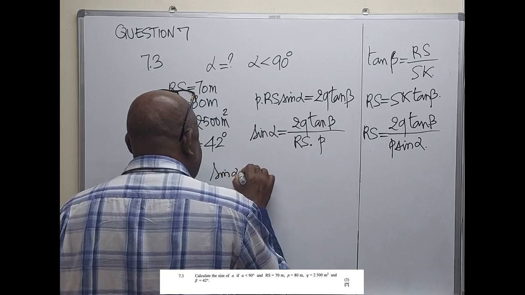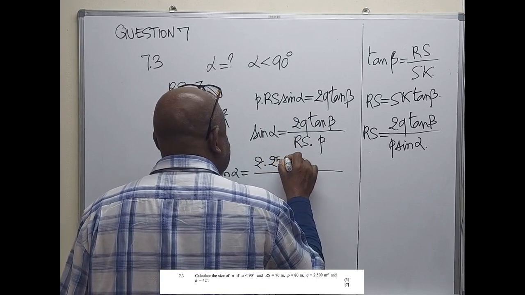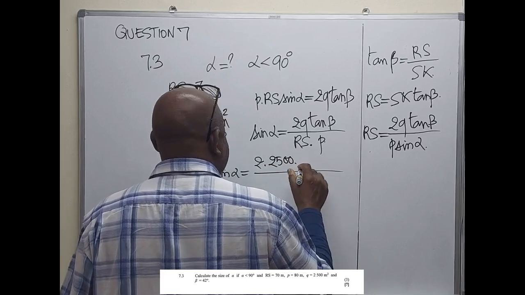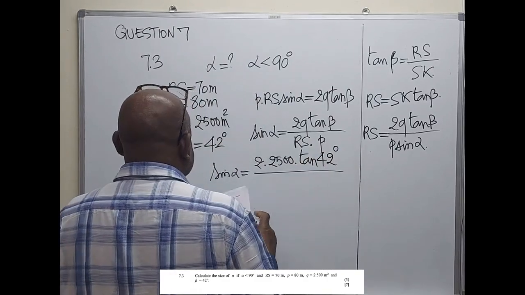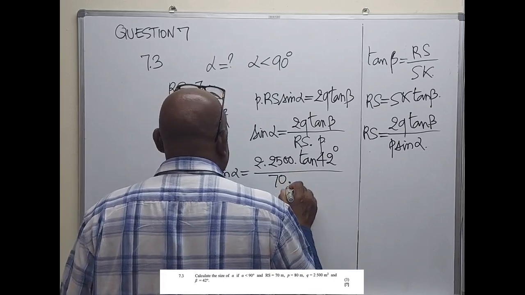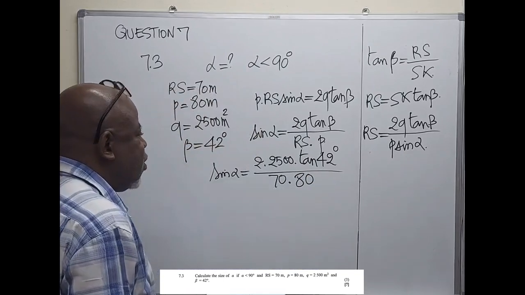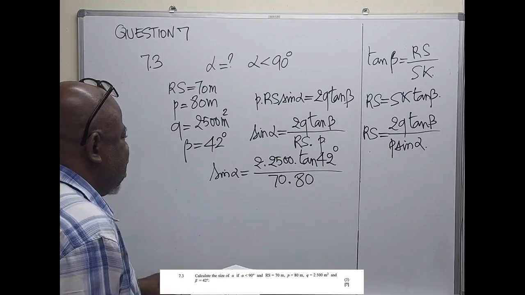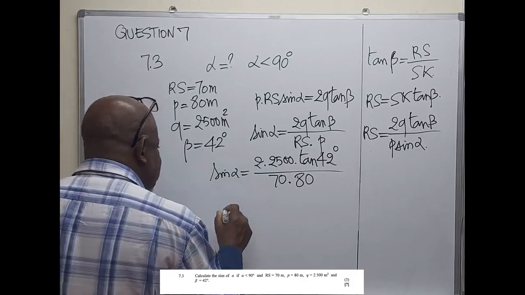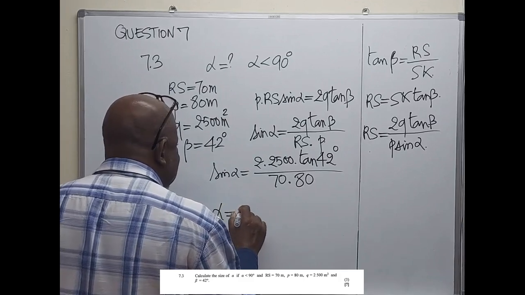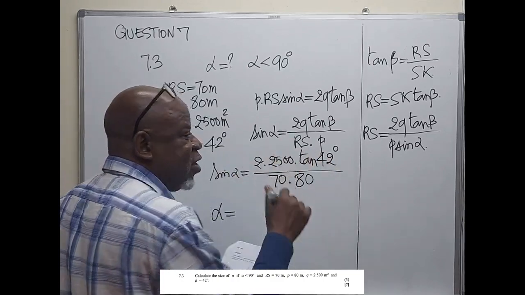Sine alpha will be equal to 2 multiplied by 2,500 multiplied by tangent beta. Beta is given by 42 degrees. The value of RS is 70, and the value of P is 80. Now, if you want to get your alpha, we're going to take the inverse of sine, meaning arc sine, and then our alpha will be equal to sine minus 1 of this value here.